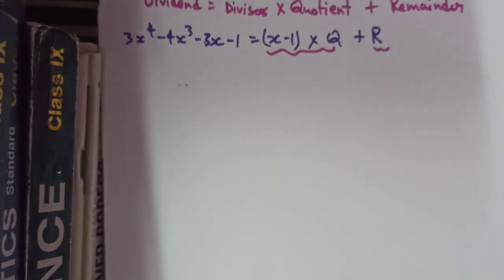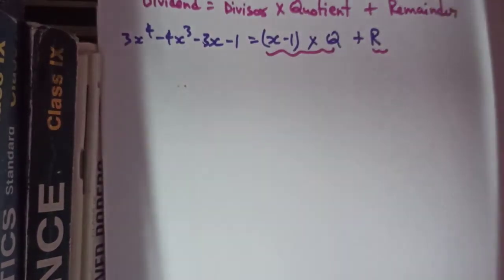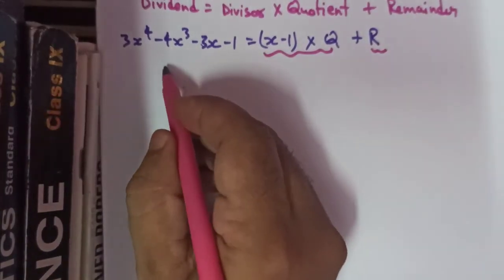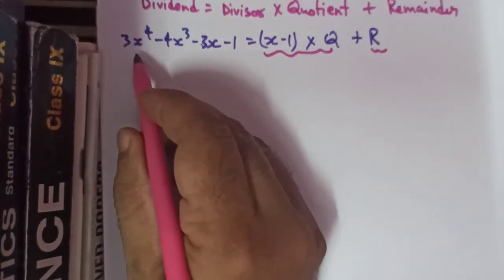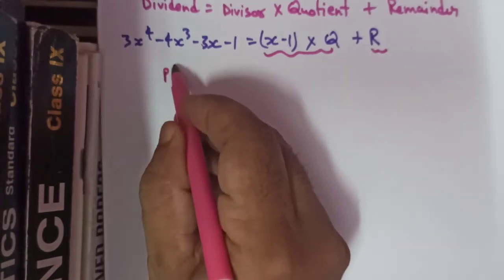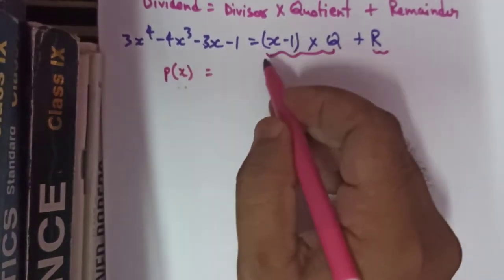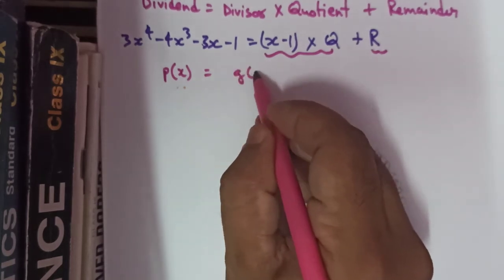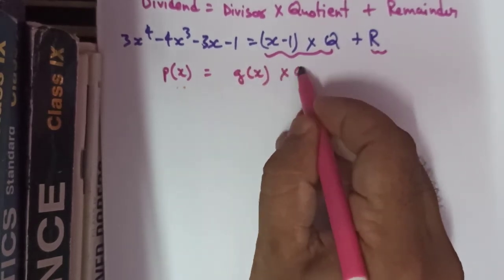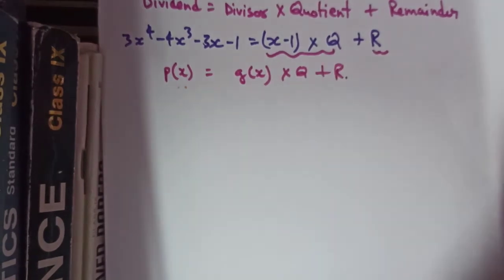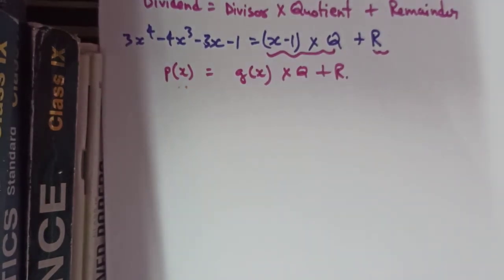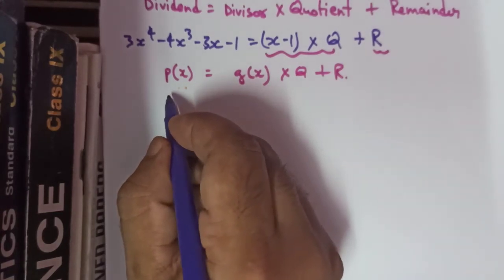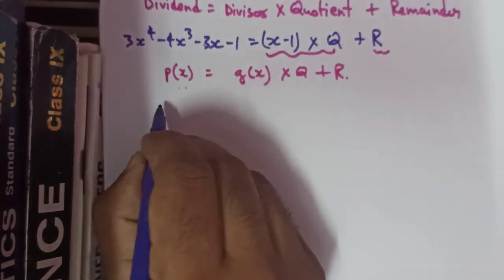Let's see how. As I have taken in the question, the dividend polynomial was px and the divisor polynomial was gx, so px equals gx into q plus r. In order to make the divisor 0, how can we do that?